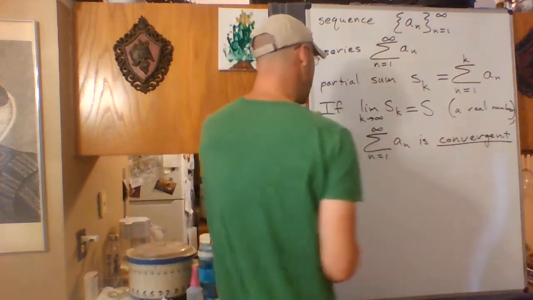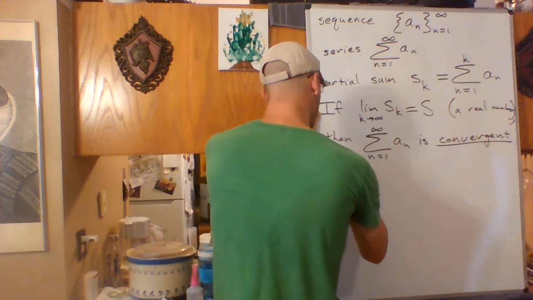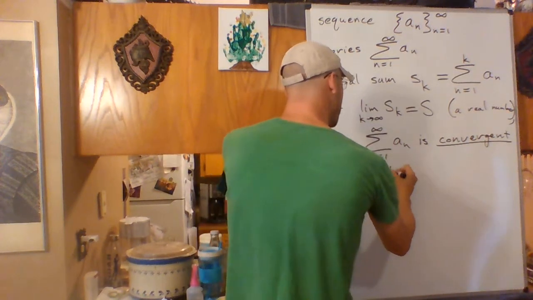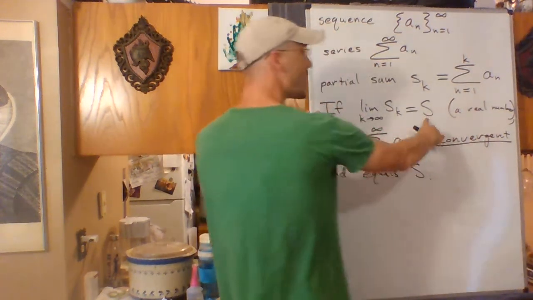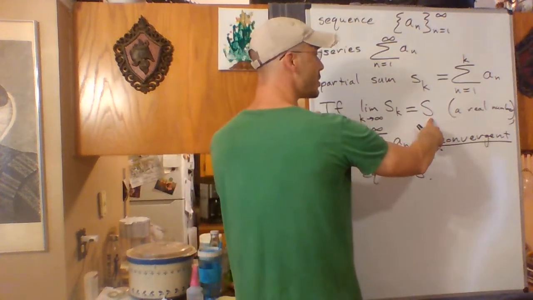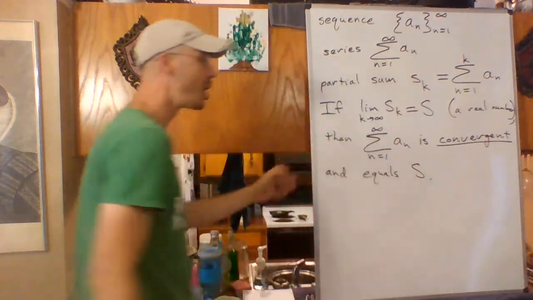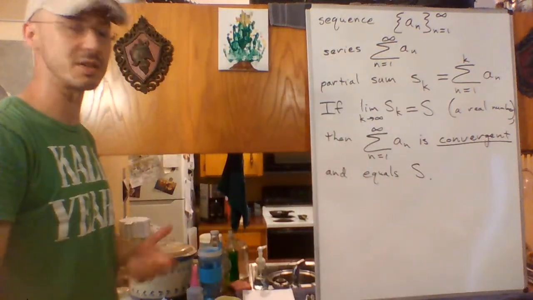There's the adjective, a convergent series, and it equals s. It equals that limit value of the partial sums. S for sum, s_k for partial sum, but this is equal to that number if the limit exists and is a real number.